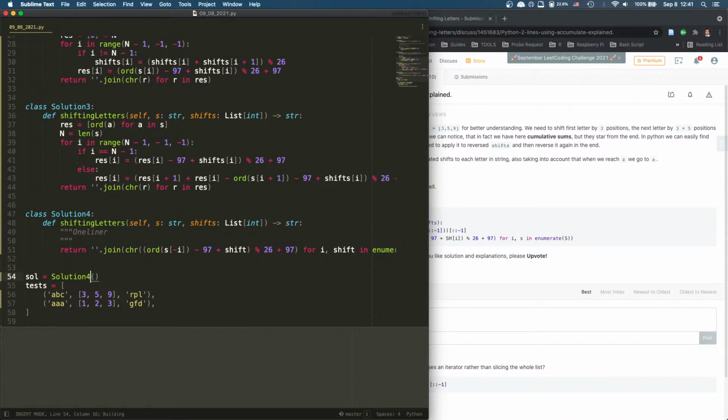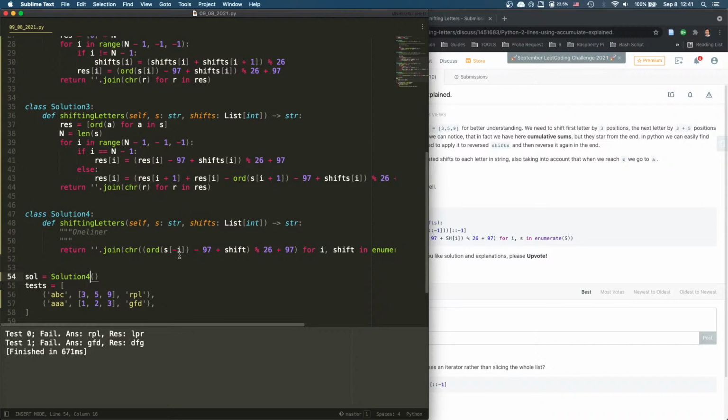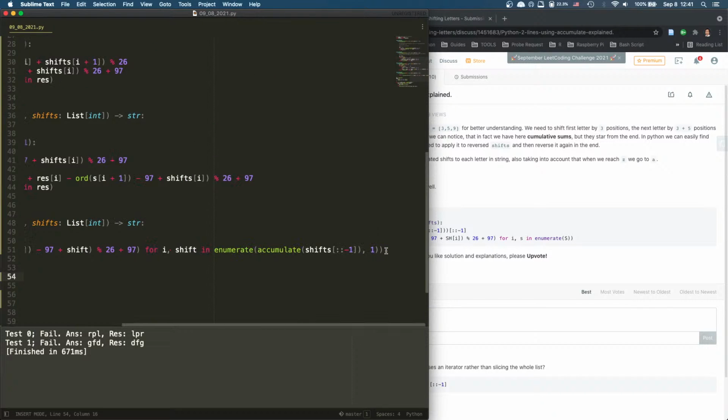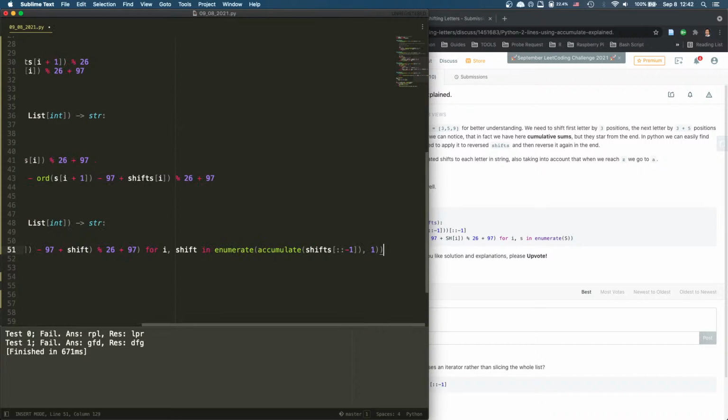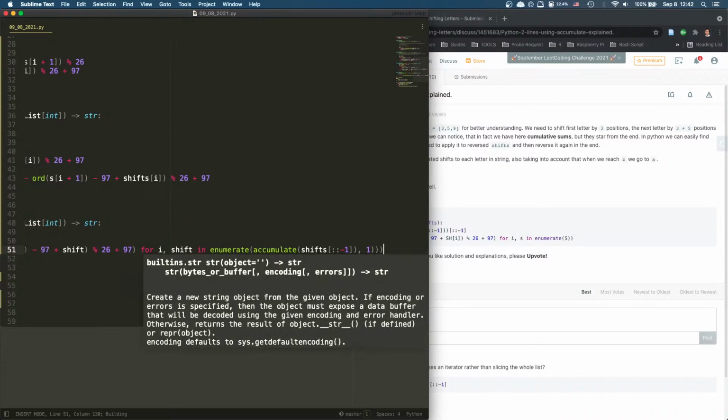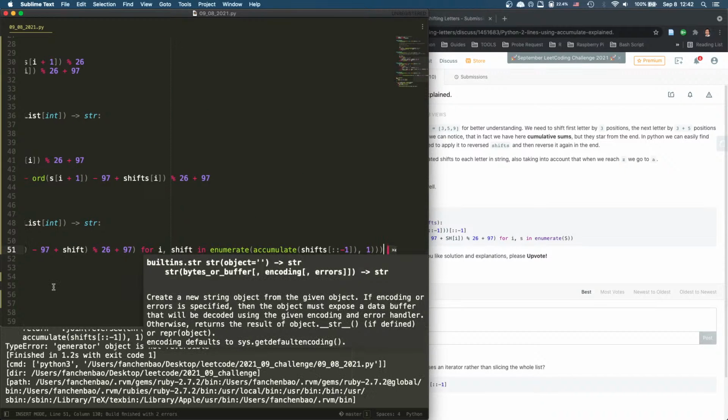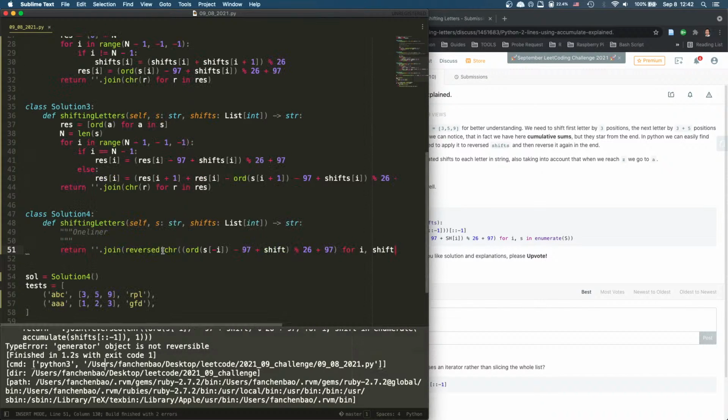Oh, that's why we need to reverse it. Which means let's join, that's reversed, right? Reversed. No, it's not reversible. Generator is not reversible.